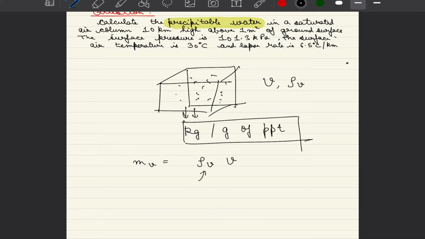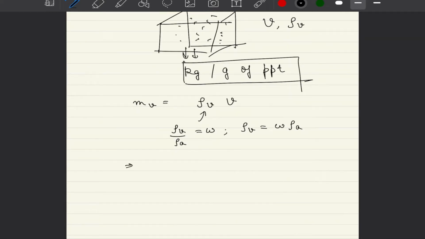So we can use some basic formulae that we have learned: rho v upon rho a is equal to specific humidity or omega, which implies rho v is equal to omega times rho a, which implies mv can be written as omega times rho a times volume, and this volume would be the cross-sectional area multiplied by the height of this element, which we generally represent by dz. So this is the mass of water vapors that we are going to estimate.